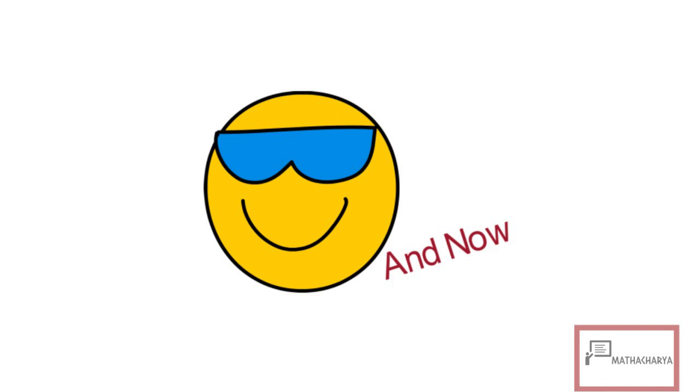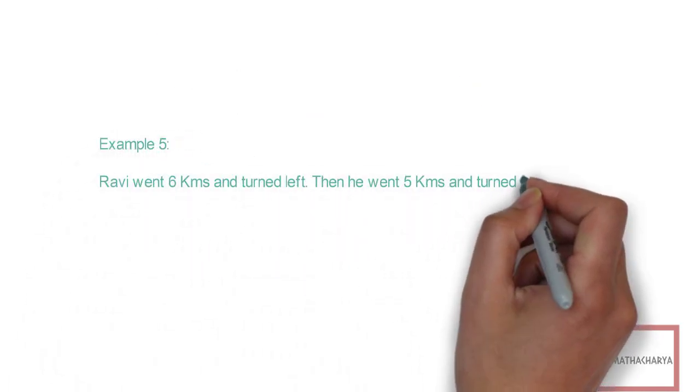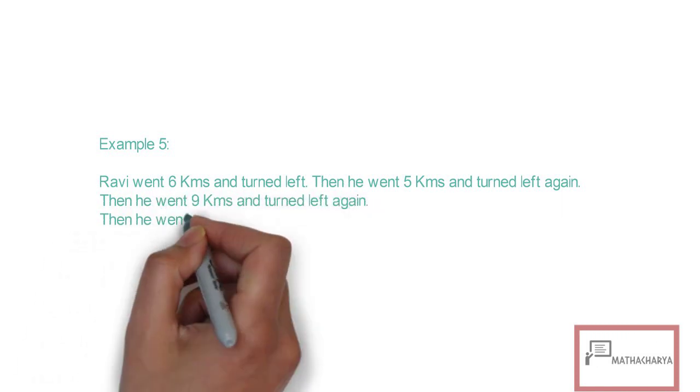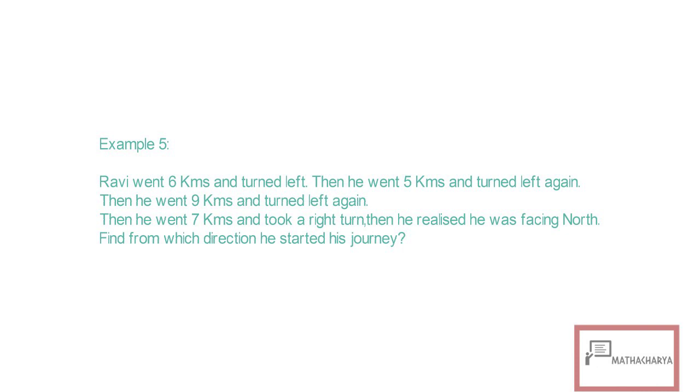Now, let's see the procedure when we are left with two or more similar turns. Look at the question. In this last example, Ravi is taking 4 turns of which 3 are left and 1 is right. And at the end, he is facing towards north.